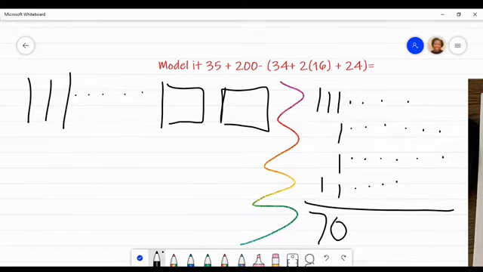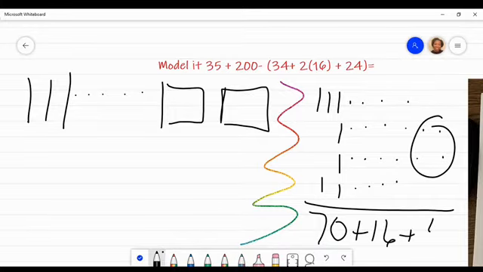And if it's in rows like this, I see 1, 2, 3, 4, 5, 6, 7, 8, 9, 10, 11, 12, 13, 14, 15, 16. And my 4, which equals 90.